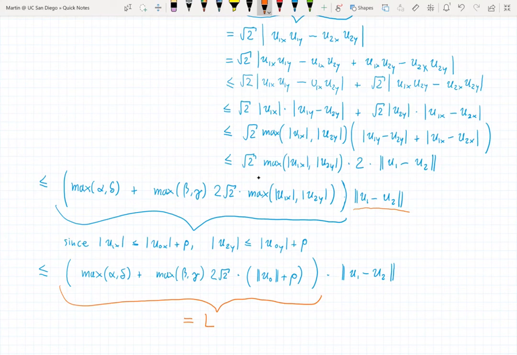We want to get rid of these occurrences of u1 and u2. Now, since u1 has maximum distance rho from u0, I know that the absolute value of the x-coordinate of u1 is at most the absolute value of the x-coordinate of u0 plus rho. And similarly, since u2 has maximum distance rho from u0, I know that the y-coordinate of u2, in absolute value, is at most the absolute value of the y-coordinate of u0 plus rho.